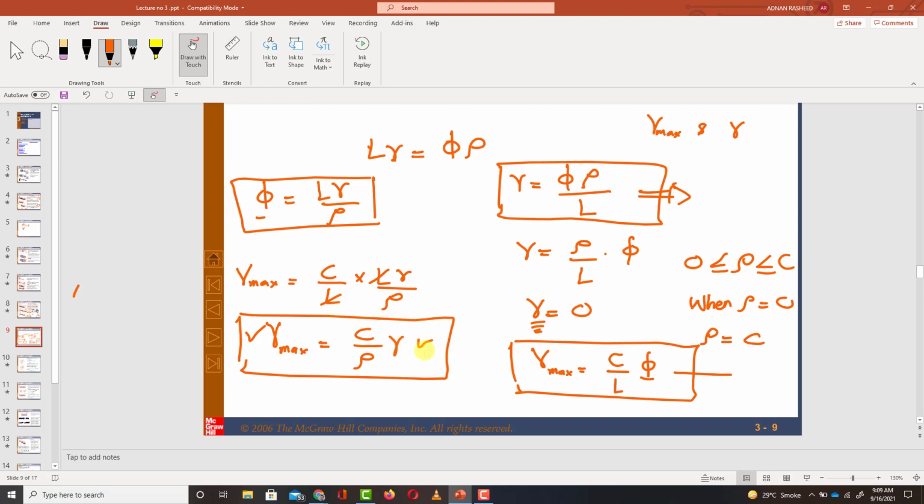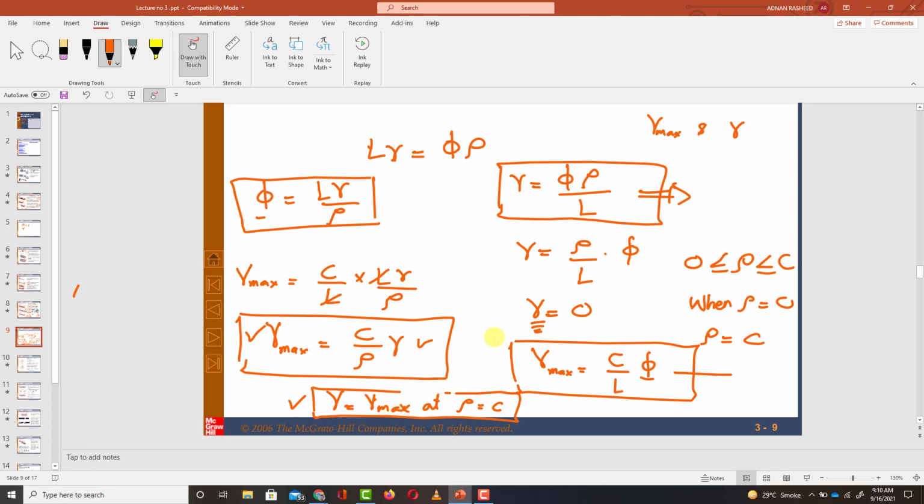So now from this formula we can also conclude that if rho is equal to 0, the shear strain will be 0. And if rho is equal to C, this C will be cancelled with C, so gamma will be equal to gamma maximum at rho equal to C. It means at the outer radius the maximum shear strain will be equal to this gamma.